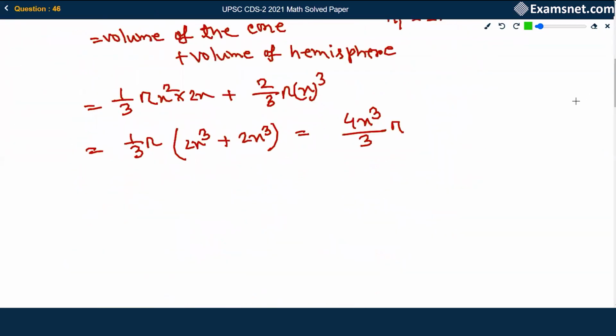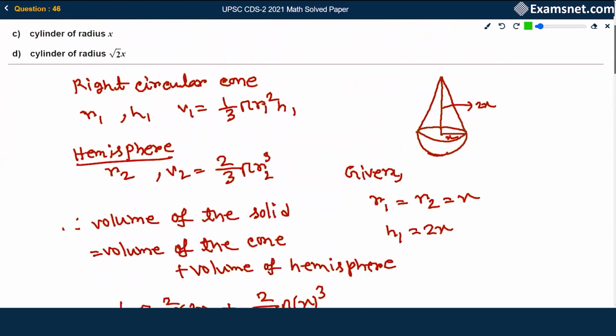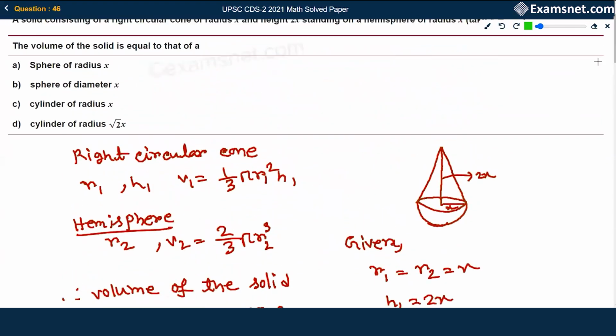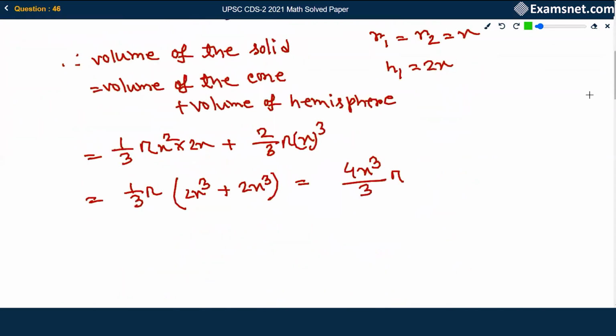First, let's check the options. It's given that it is equal to a sphere of radius x, a sphere of diameter x, a cylinder of radius x, and a cylinder of radius 2x. Now, first of all, what is the volume of a sphere?